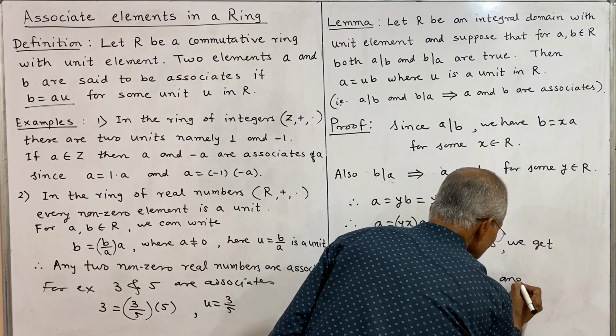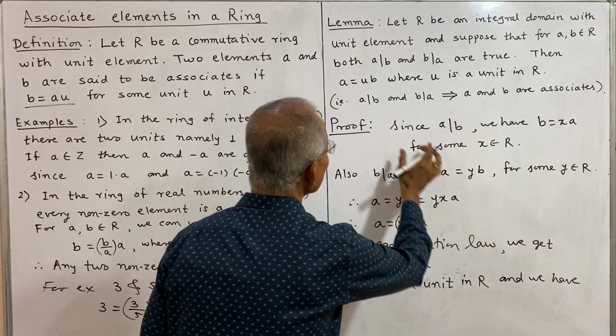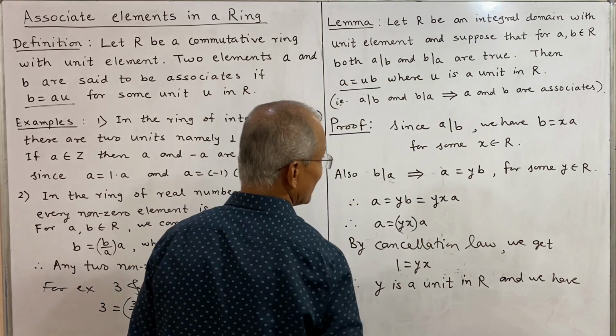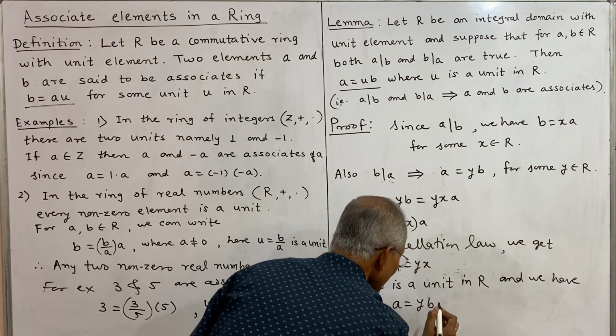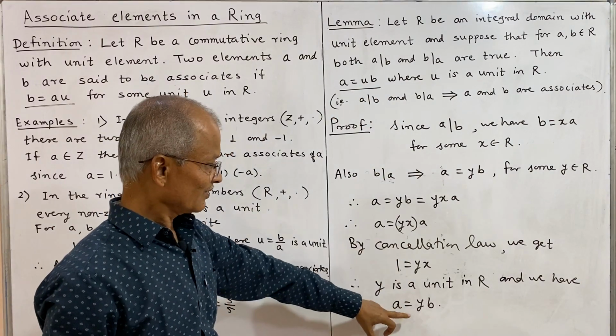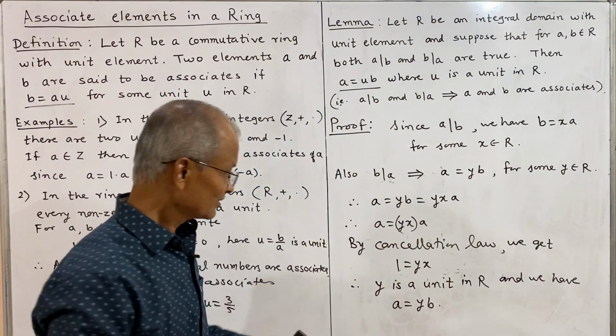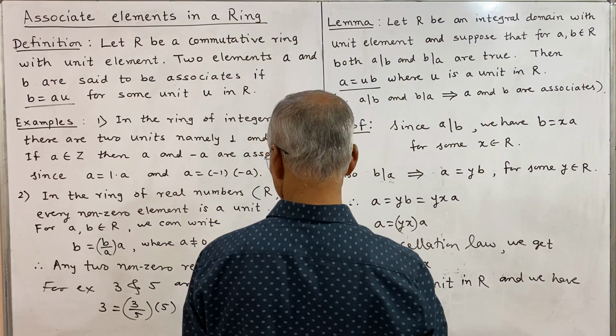and we want to write the expression for a, and we have a is equal to yb, and this proves the result taking y is equal to u. So this proves the lemma, and hence this is the result.